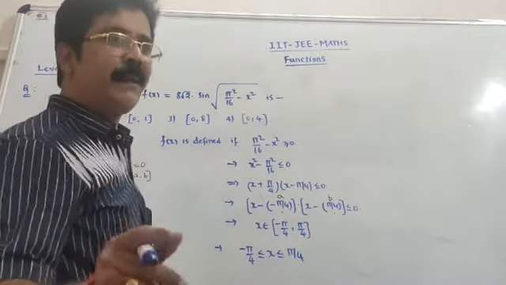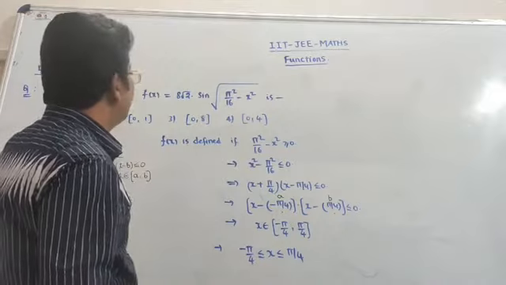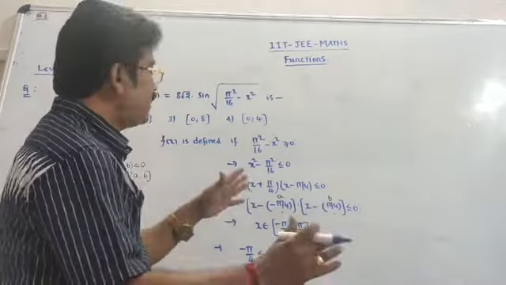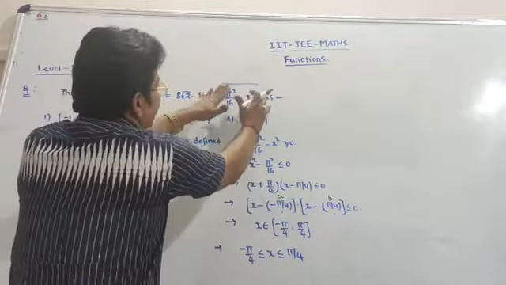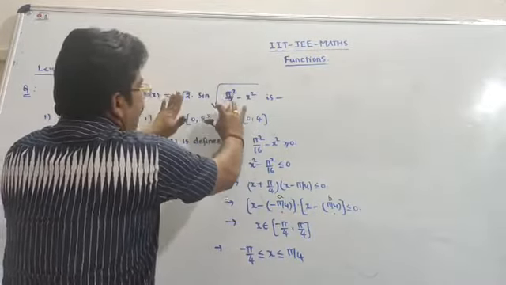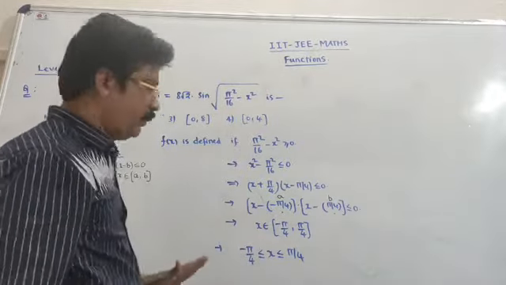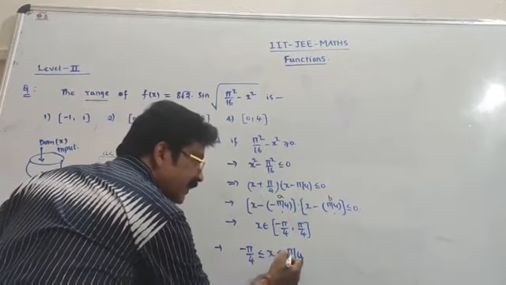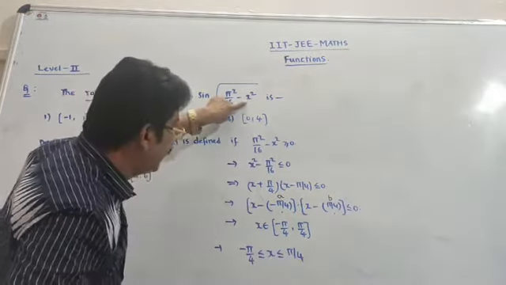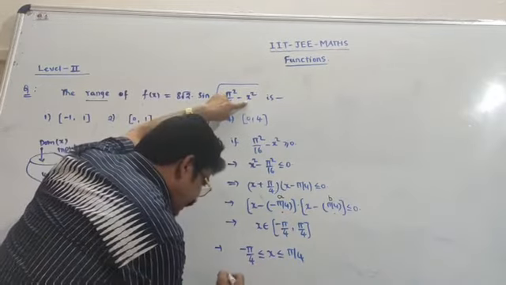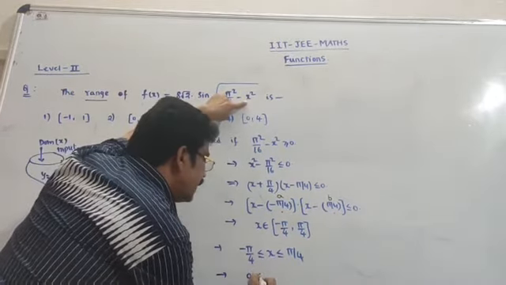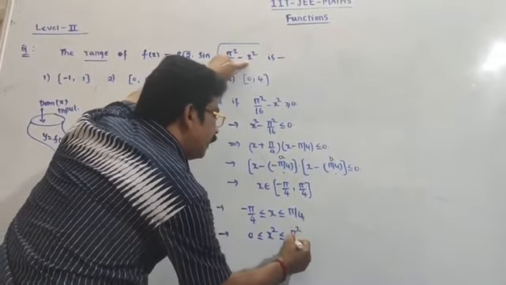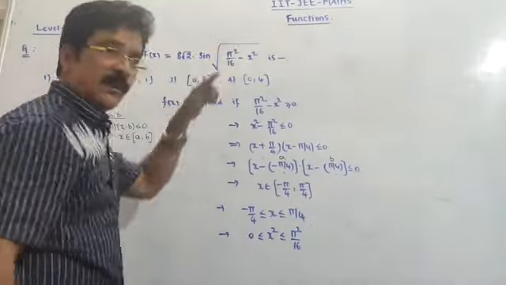Next, we are finding the range. By using this inequality, gradually we get the function 8 root 2 into sine of root of something. Minus pi by 4 less than or equal to x less than or equal to pi by 4. First I will get x square: 0 less than or equal to x square less than or equal to pi square by 16.